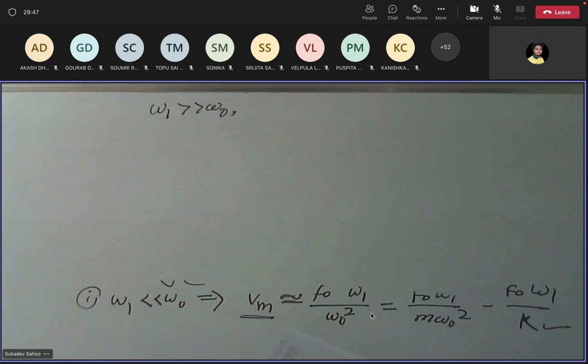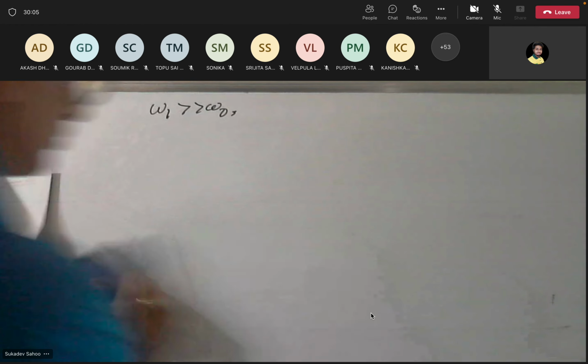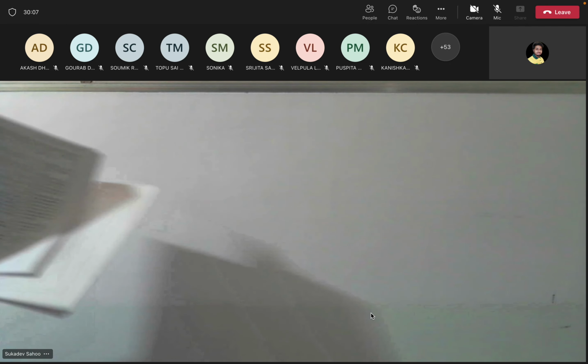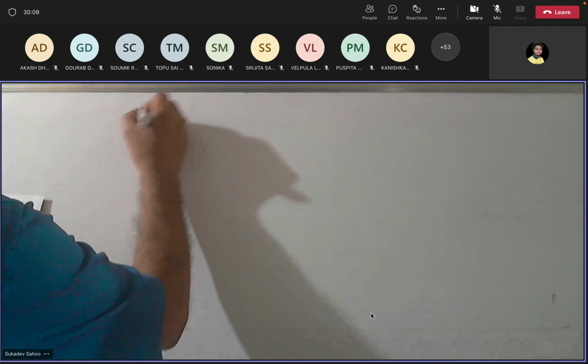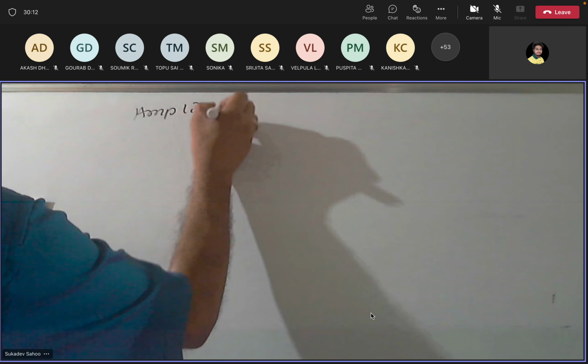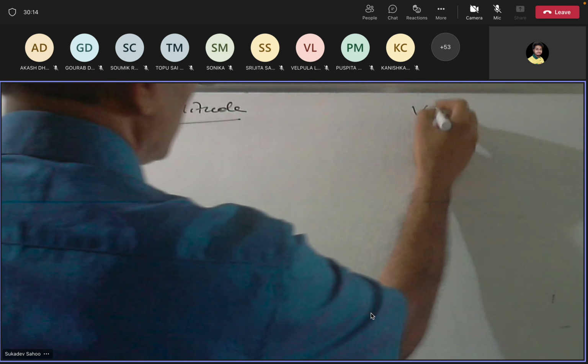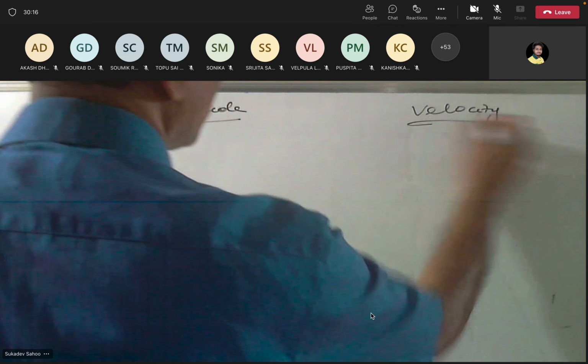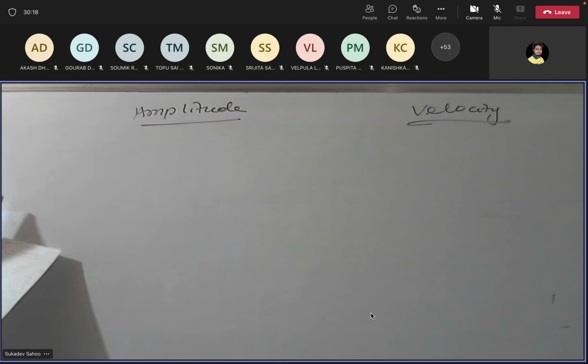Similarly, velocity resonance is also known as energy resonance, because when the velocity becomes maximum at that frequency, the energy is also maximum. It is given in the book, so you will note down all the points from the book. Here I am briefly discussing velocity resonance and amplitude resonance.